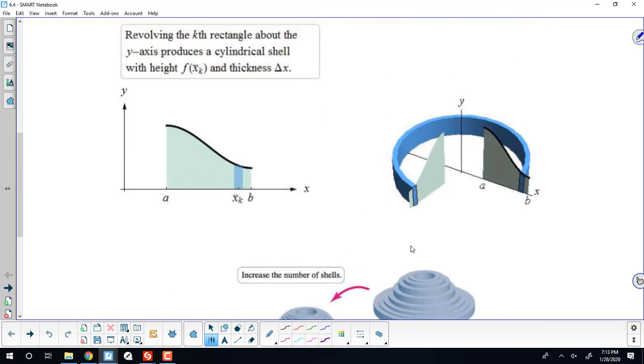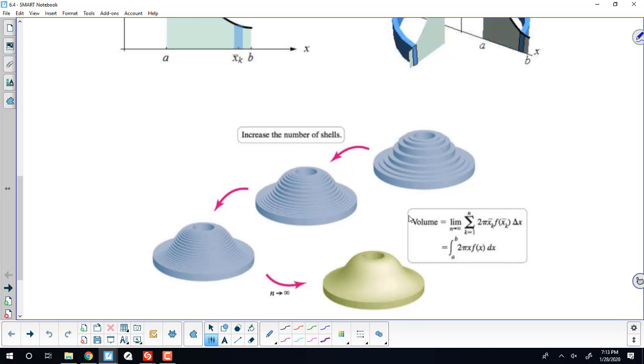And let's go here. You can sort of see the formula right there. But the idea is that we need to compute the area of each one of these things. So let's just call this dimension h.